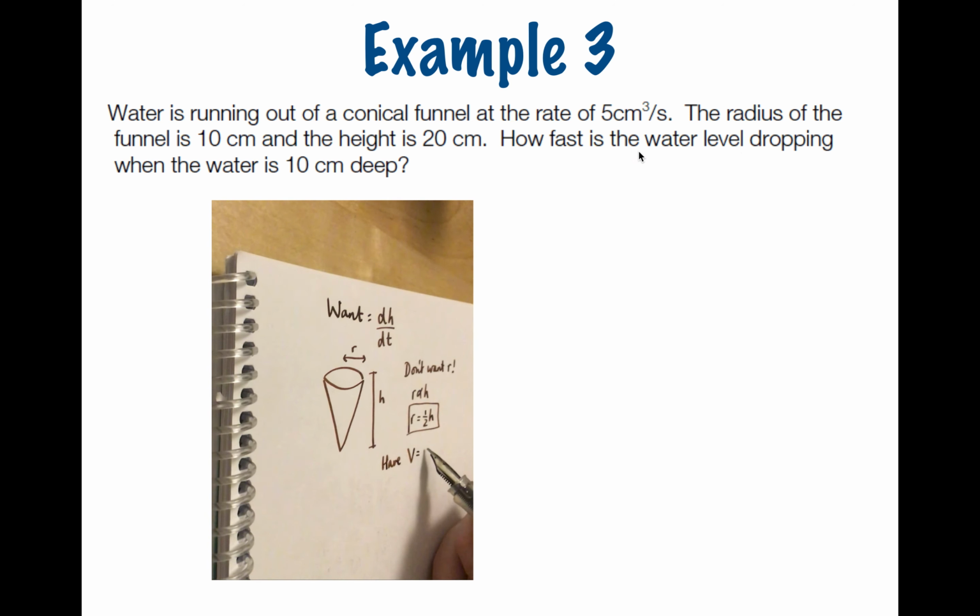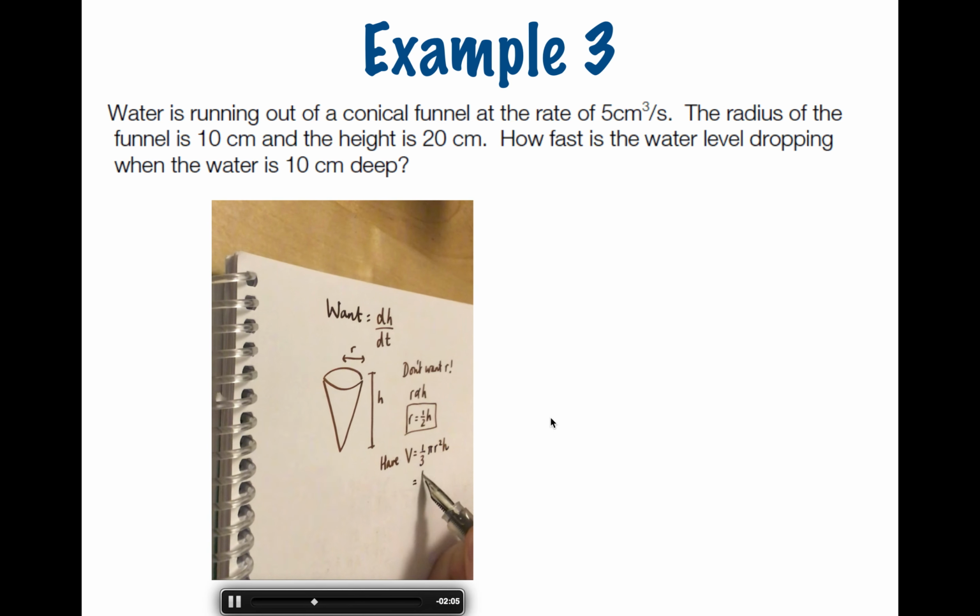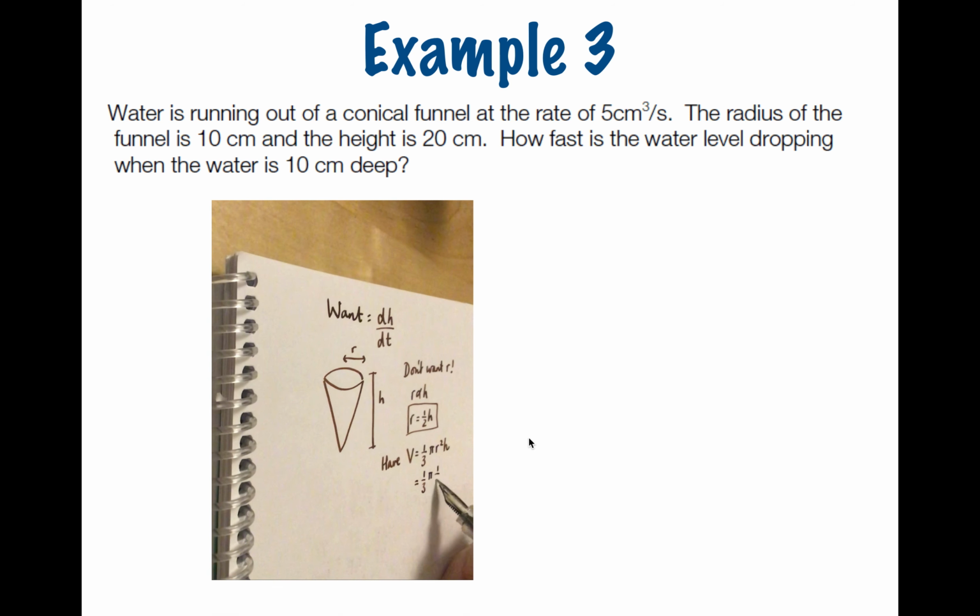So I'm going to use that information to replace radius in the formula for the volume of a cone. You should know the volume of a cone is a third of the volume of the equivalent cylinder, so a third pi r squared h.